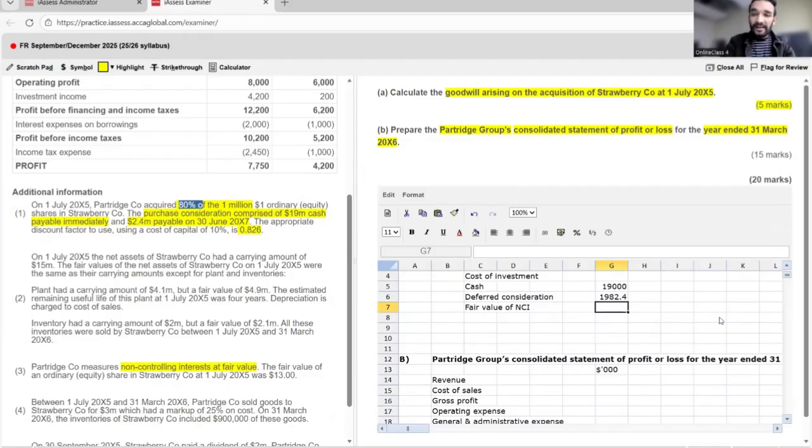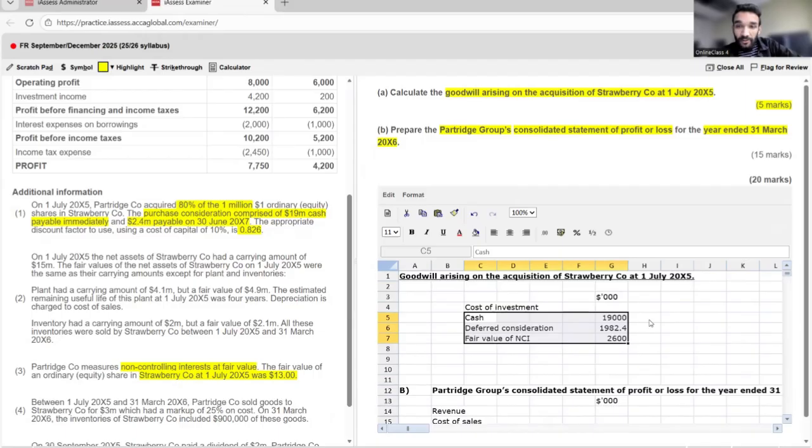So it means the subsidiary has only 20%, 1 million multiplied by 20%, which will be 200 shares they are having. And the share price of subsidiary is 13. So multiply this with the 13, right? So see, this is the fair value of NCI. Now we got the fair value of NCI as well.